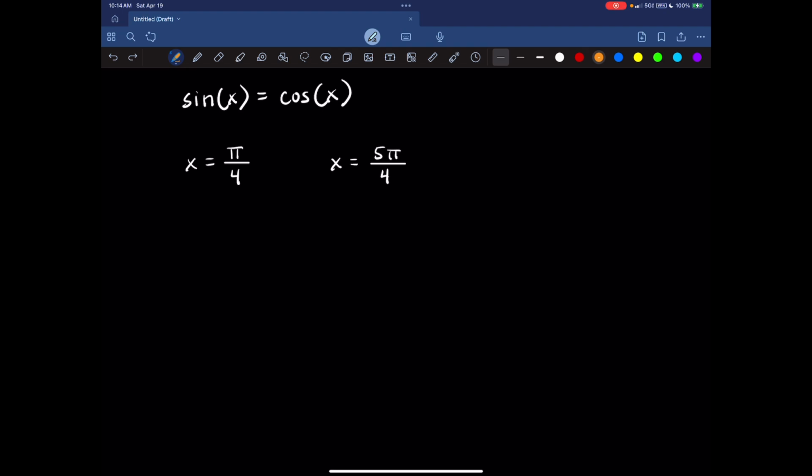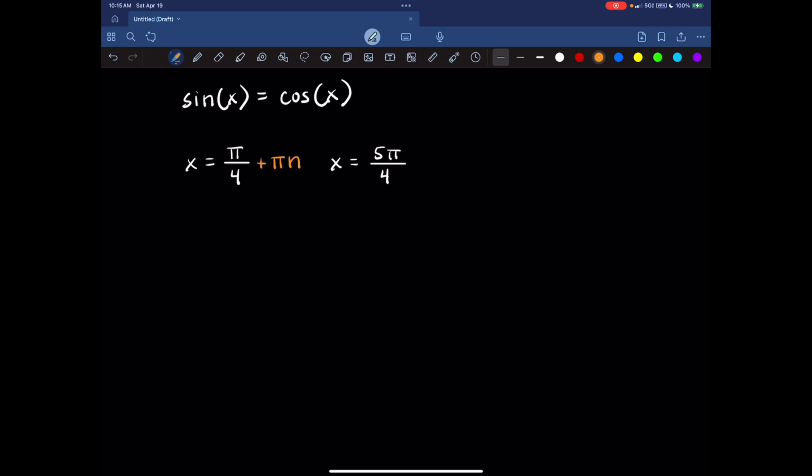But here's the interesting part. These two angles are exactly half a circle apart, or pi radians. So instead of writing both solutions separately, we can describe them all using just pi over 4 and say x equals pi over 4 plus pi times n, where n is any integer.